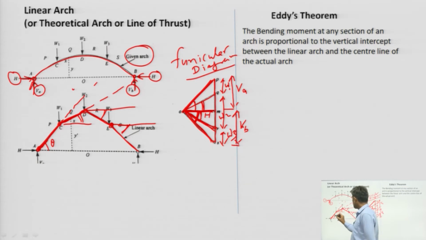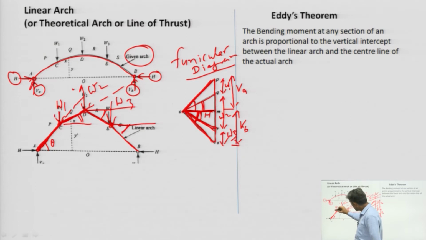At joint C point load W1, at joint D W2, at joint E W3 are acting, and they are forming like a truss member, and hence they can carry only compression force.